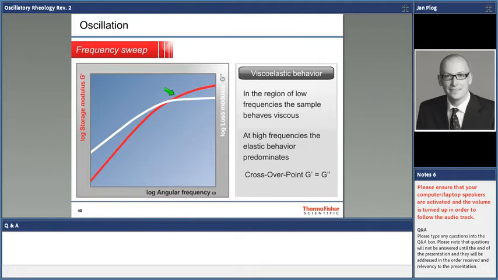Okay, and now just as a rule of thumb, this is exactly the point where the problems start. Okay, this is the point where die swell starts in your extruder. If you work at characteristic speeds above the crossover for your polymer melt, you will have die swell behavior. You might even run into shark skin already.